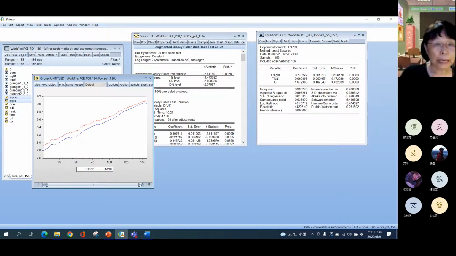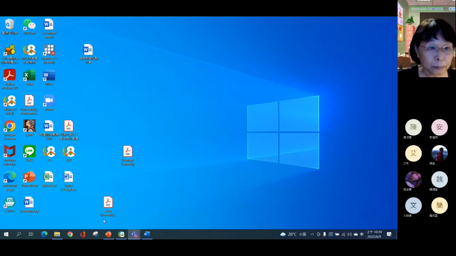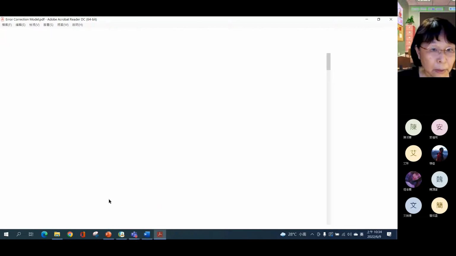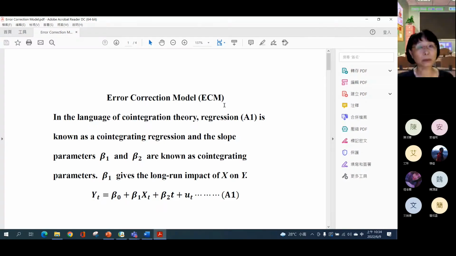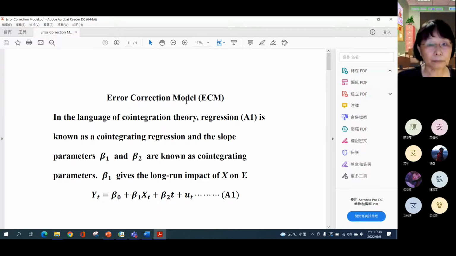Okay, now I want to introduce, based on this co-integration theory, and I think I already gave all of you my PDF about the error correction model.